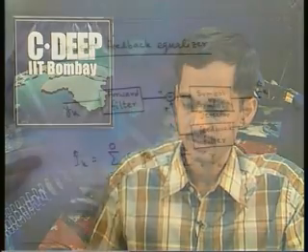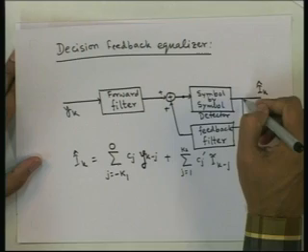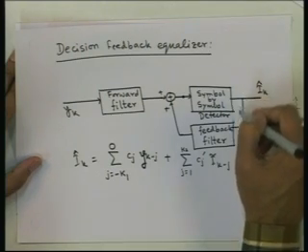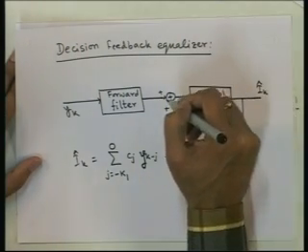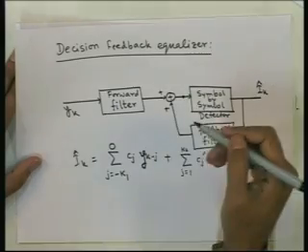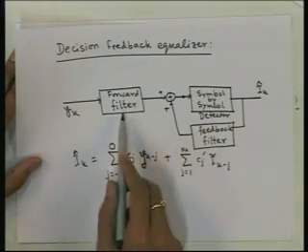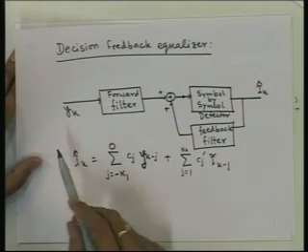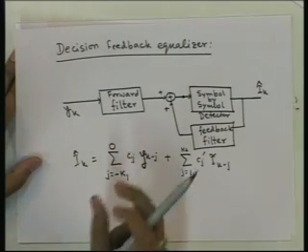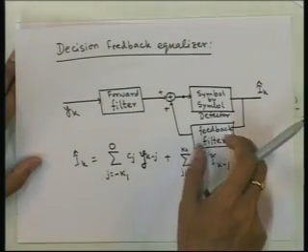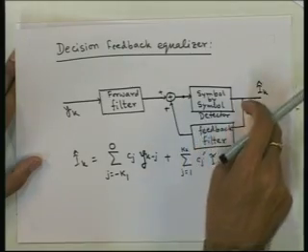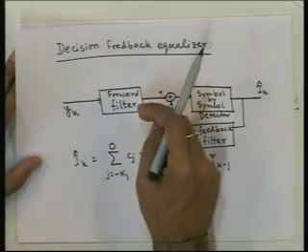So, what we are saying is that we will have these two filters where the previous decisions are fed back to the decision process of the future symbols, and there is the forward filter as before, but hopefully we will need a smaller length filter here, because we have cancelled the previously detected symbols from the future symbols.